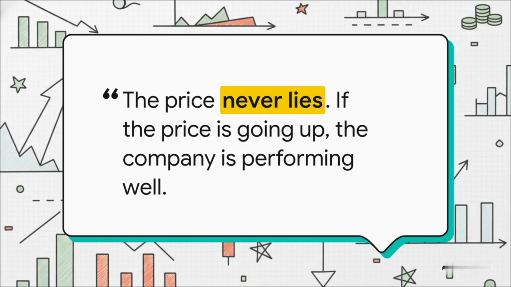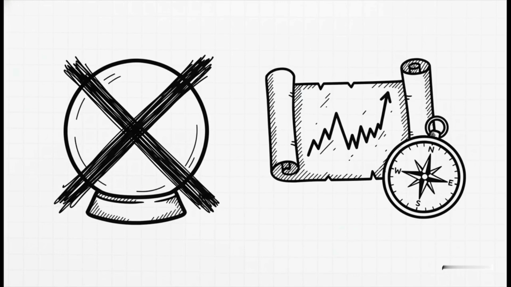Every single trend, every single candle is a footprint left behind by the massive, collective forces of fear and greed that drive the entire market. By learning this simple language, you're not getting a crystal ball. You're getting something much better. You're getting a map and a compass. You can now start to navigate this landscape with a whole new level of understanding. So the only question left is, where are you going to go first?